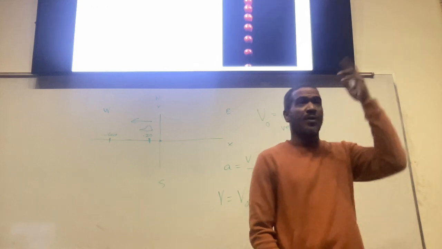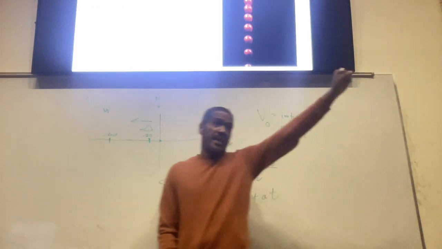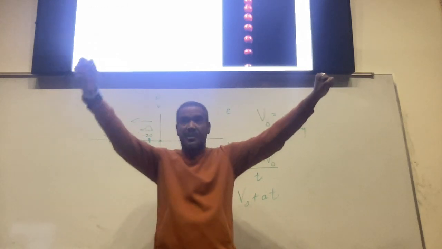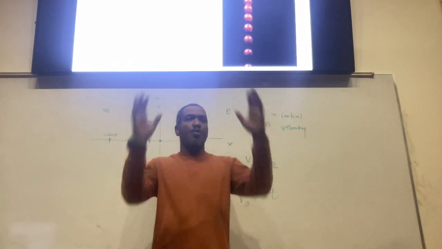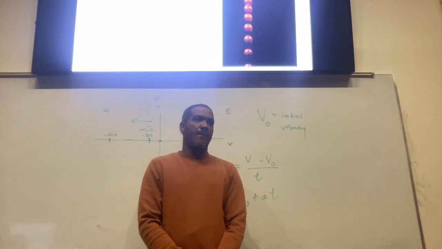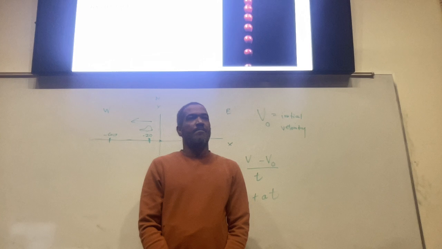Sure. So, question. If I have a bullet in my left hand and a gun in my right hand, and I shoot the gun and drop the bullet at the same time, which one hits the ground first? The bullet in your left hand. Why? Because you shot the gun. You didn't say which direction either.